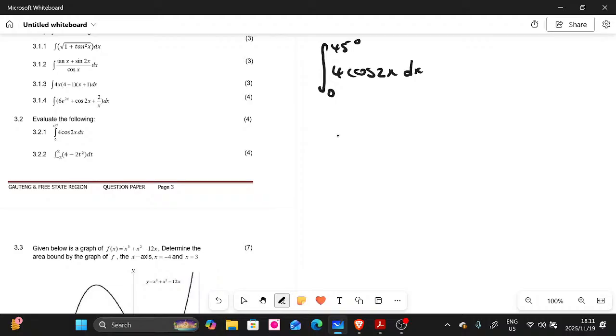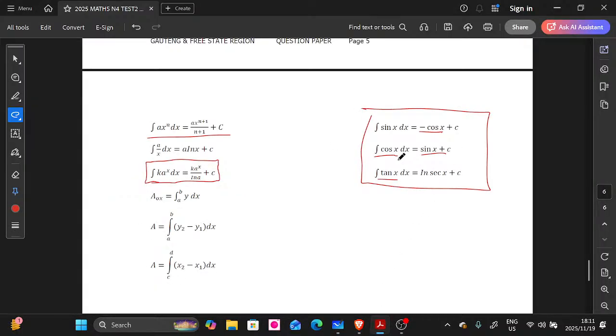So the first thing that you do, guys, is you need to integrate this. So we have 4 cos 2x there. What is the integral of 4 cos 2x? Luckily, on this one, we don't need to simplify. We know that we're going to have 4 as the coefficient. Now, what is the integral of cos? If we go back to the formula sheet, the integral of cos is positive sine.